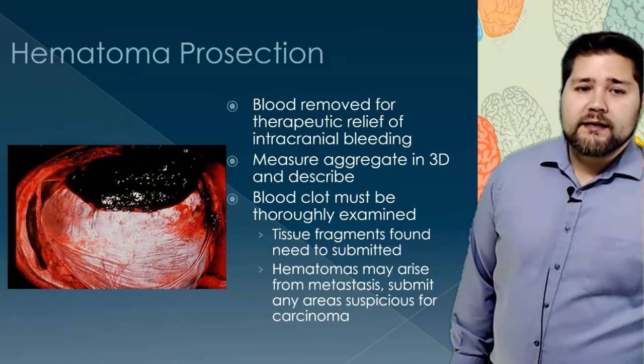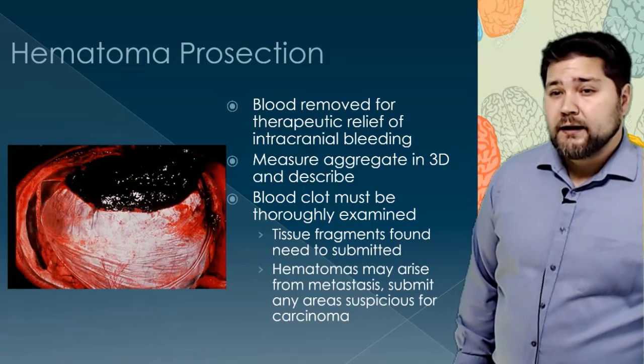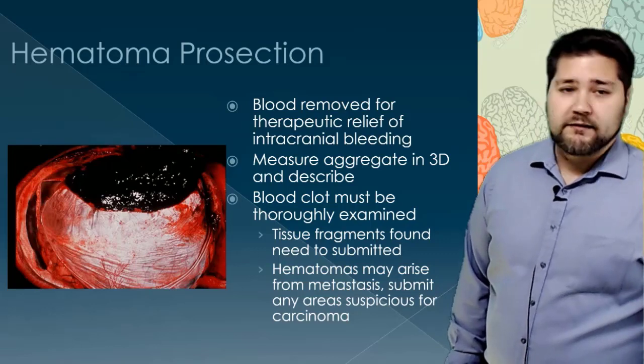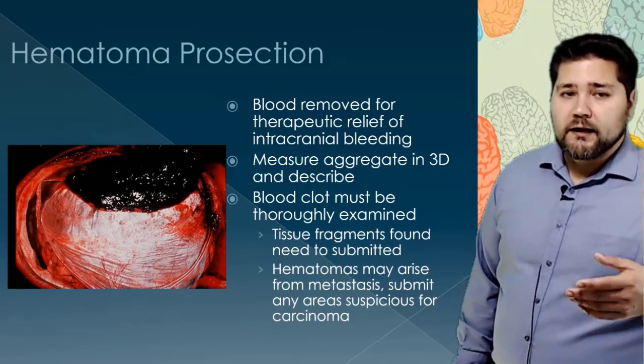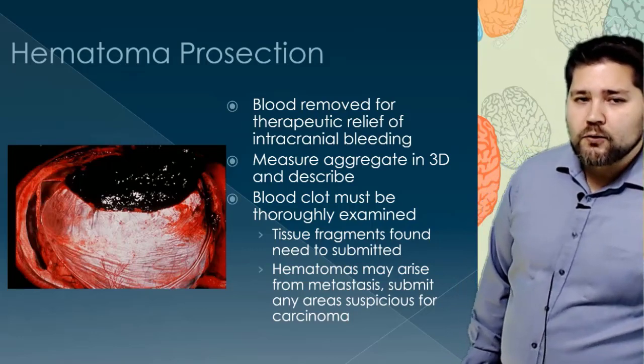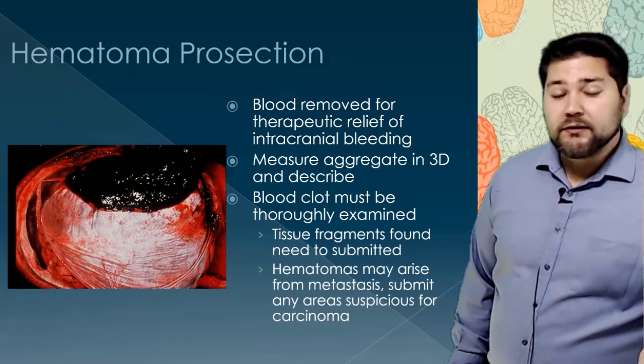However, sometimes you can get metastasis located in these hematomas, so maybe the hematoma is not a result of a busted vessel, but it's actually a result of maybe a metastatic tumor dislodging some of the vessels or ripping some of the vessels. So you do want to do your due diligence and serially section these completely.